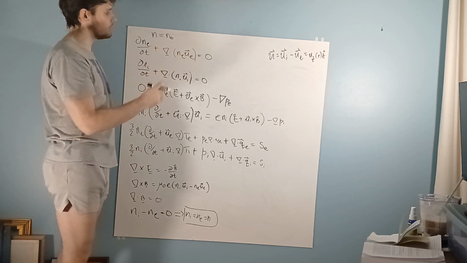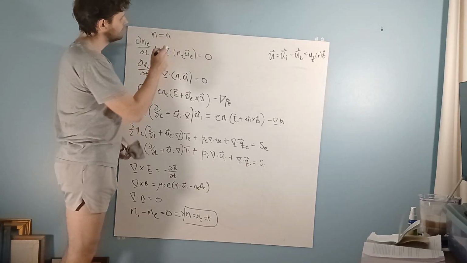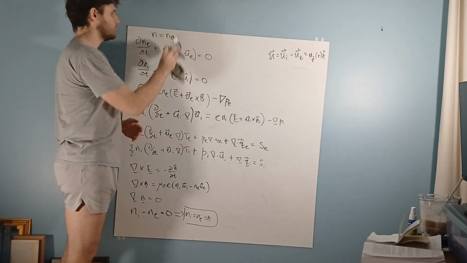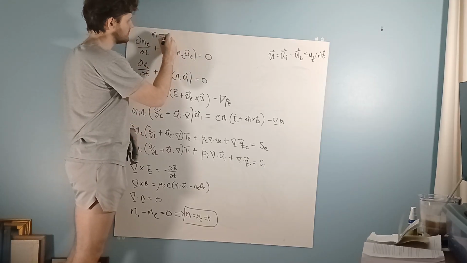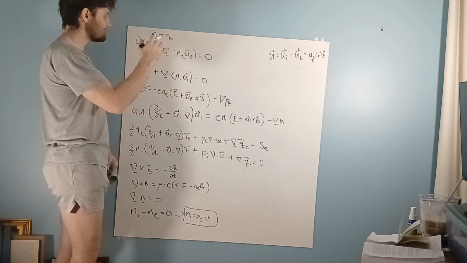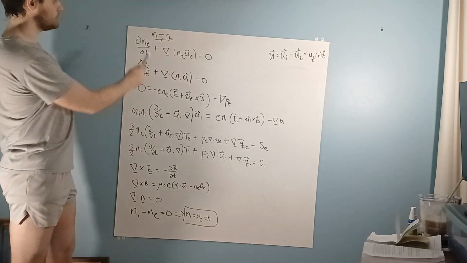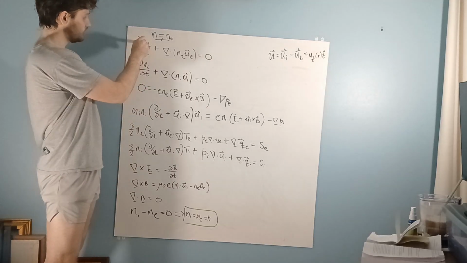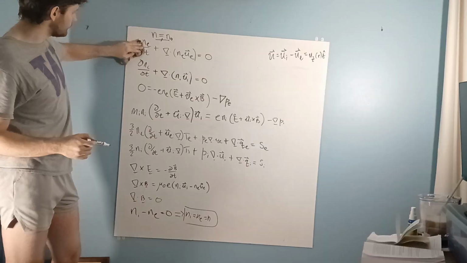That means it's uniform. That was kind of like a 6. Let me fix that. I gotta tell you, I wish I had something larger than this board. So notice, that's uniform, which means this Eulerian component goes away.